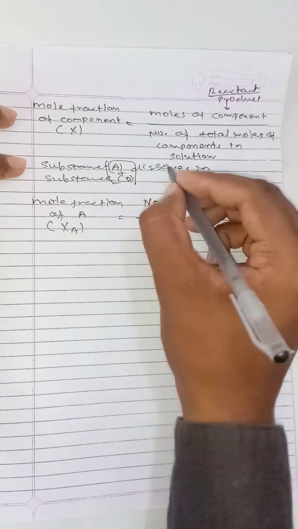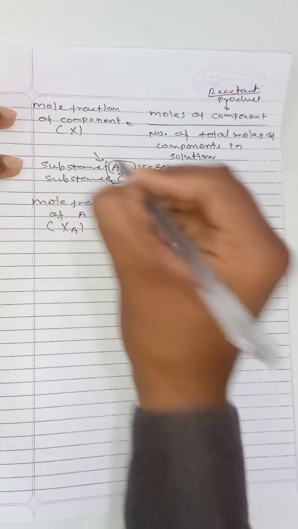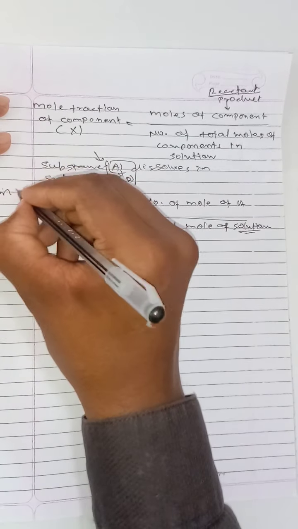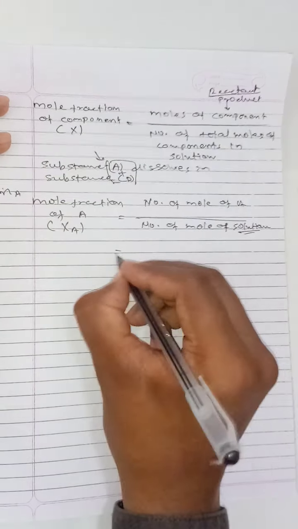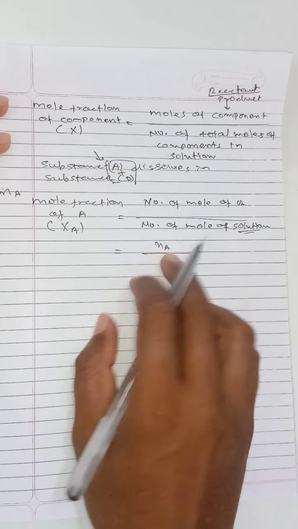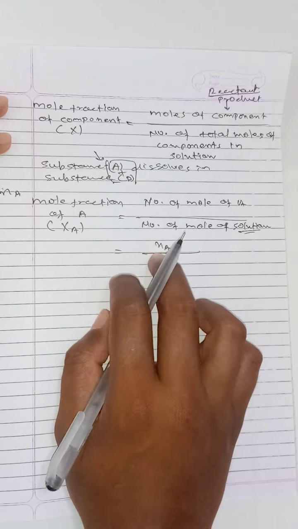Suppose the mole of substance A is said to be Na. Here number of mole is denoted by Na.